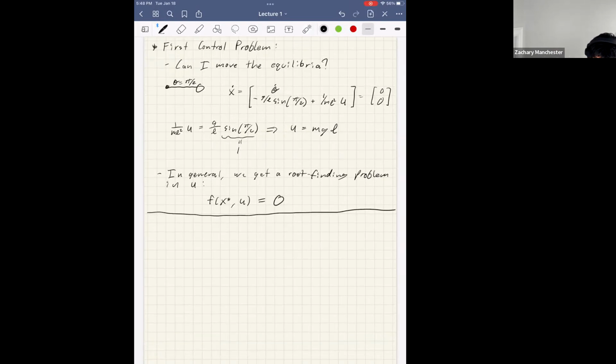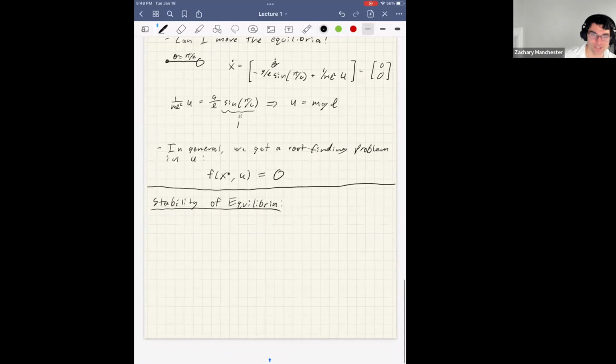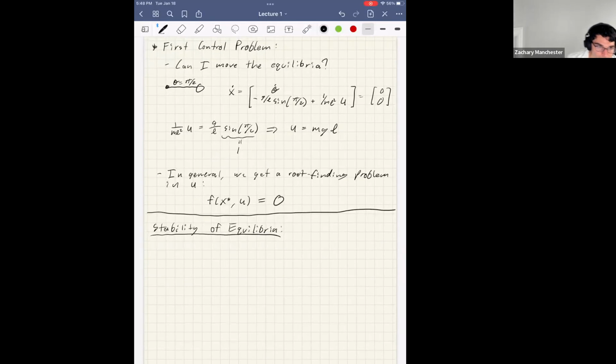So the next thing to talk about is stability of equilibria. This is starting to follow up on the question that was just asked about how you get there. The idea we want to get at here is, if we start out near an equilibrium point, will we stay near it under, say, small perturbations?